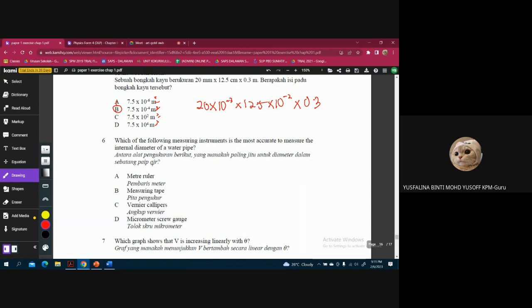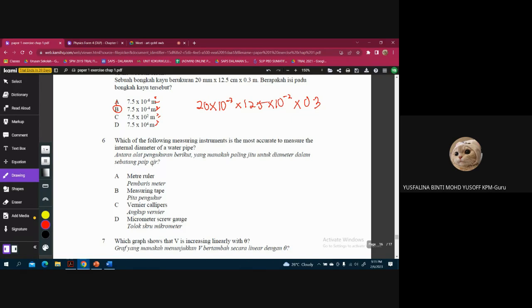But let's say they ask you the diameter of the wire that you use as a connecting wire. That one is very small, right? Of course you're not going to use a ruler, it's not so accurate, so we have to change it. If you use a vernier calipers, it's still considered small, so we need to use a micrometer screw gauge.